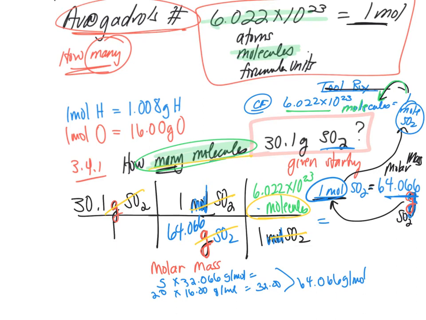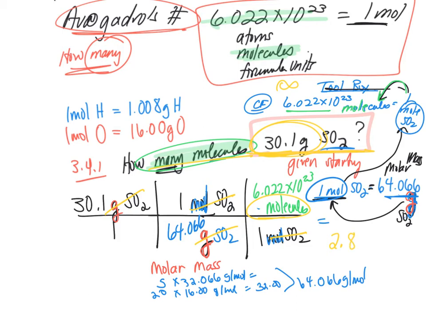So you get your calculator, and you do 30.1 divided by 64.066, and you equal that, and then times 6.022. And I have to do second function EE23 to get my calculator to work, and yours might be different. And I have 3 significant figures because this is the only measurement. These conversion factors have infinite significant figures.